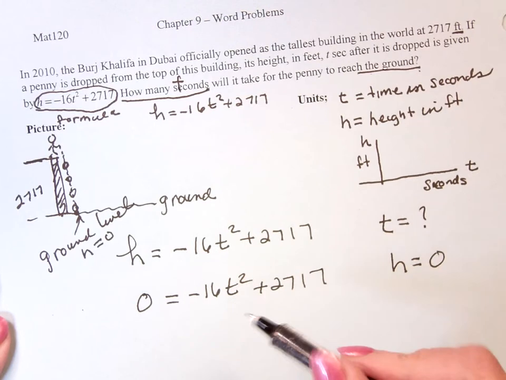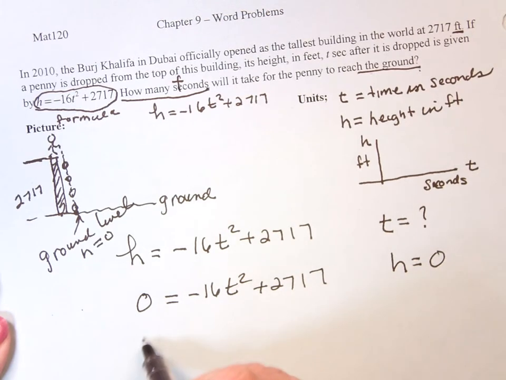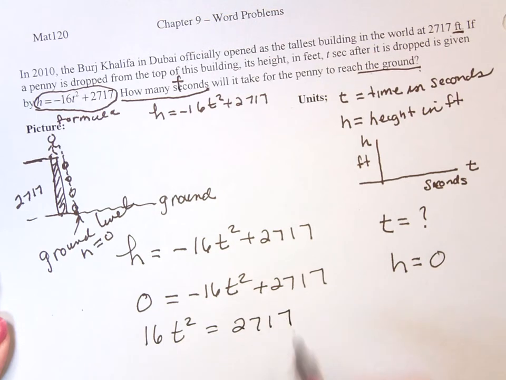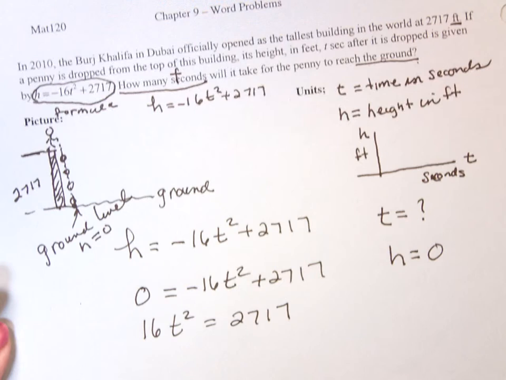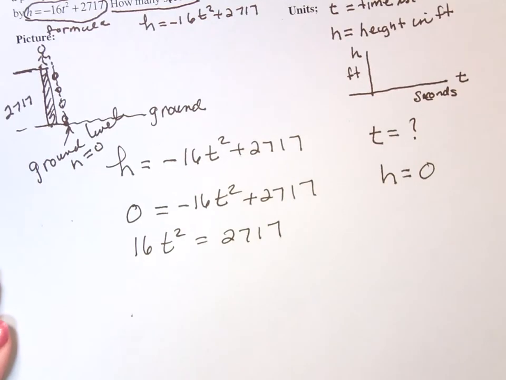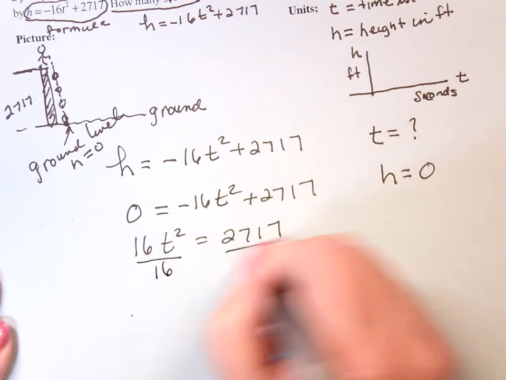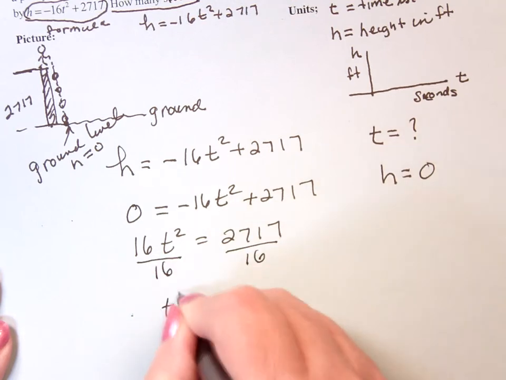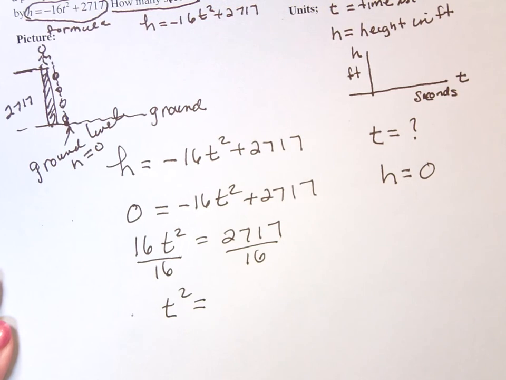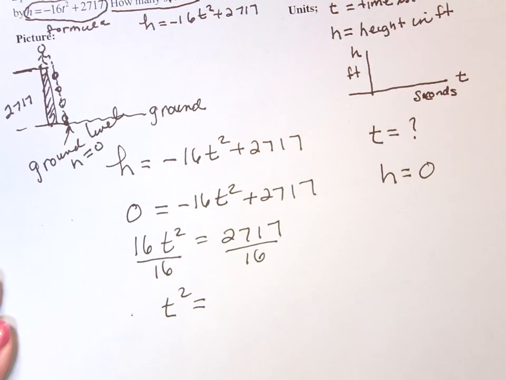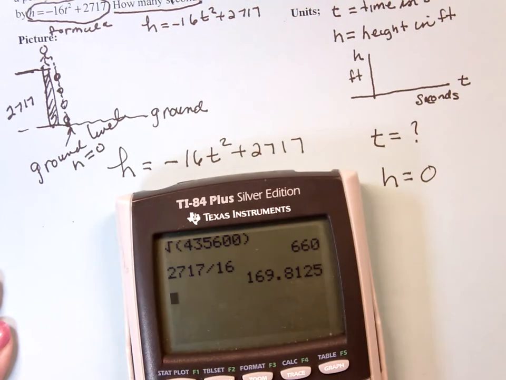I'm going to add 16t squared to both sides. So 16t squared equals 2717. I can use the square root property on this, but I'm going to divide both sides by 16 first. So t squared equals 2717 divided by 16, and you can either say it ends up being 169.8125.